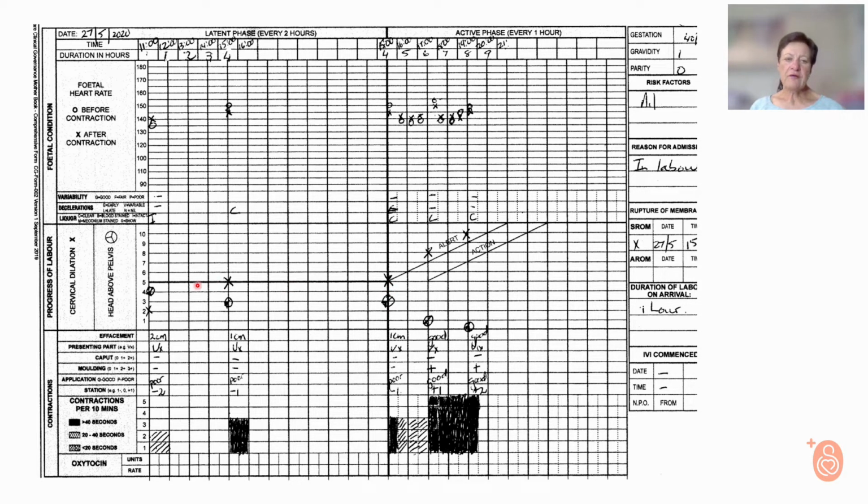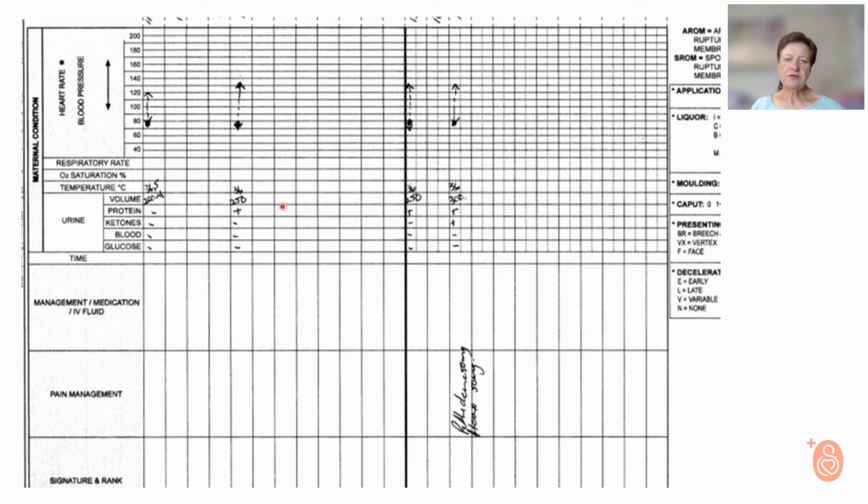And now I'm going to show you this part of the partograph and not this part of the partograph anymore, because we are here in active labor. So obviously we do exactly the same here. We transfer the latent phase recordings here to the active phase of labor, and we are just going to concentrate here on the active phase of labor.